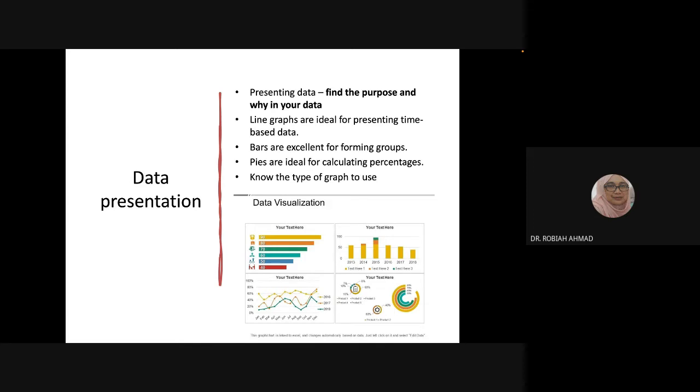With the APEL certificates, you can apply to continue your education in higher education, in any IPTA or IPTS. The purpose of APEL is that based on your experiential learning, but your academic qualification is not up to the requirement, you can use APEL certificates.